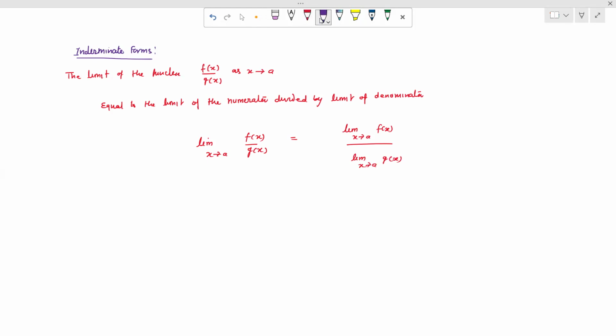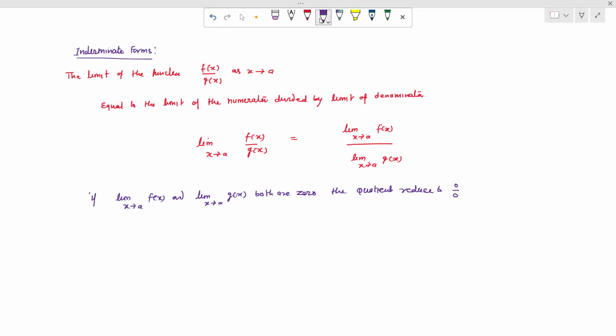Now, what is the situation? If the limit x tends to a of f(x), and the second limit x tends to a of g(x), both are zero, then the quotient reduces to 0 upon 0.